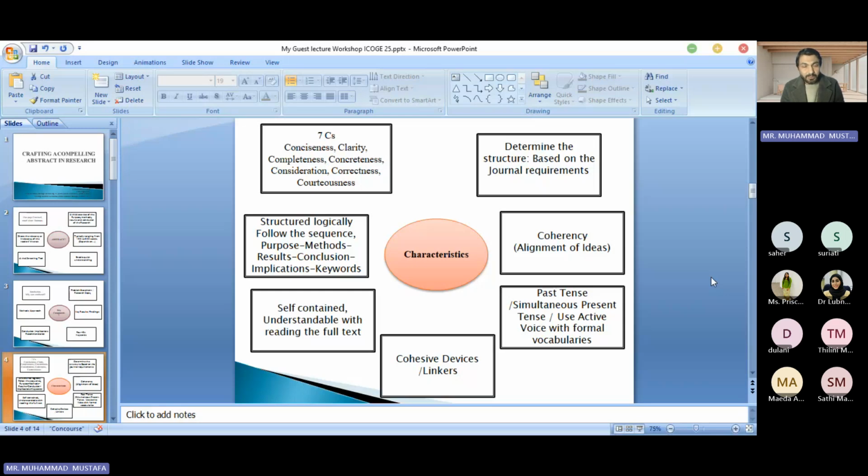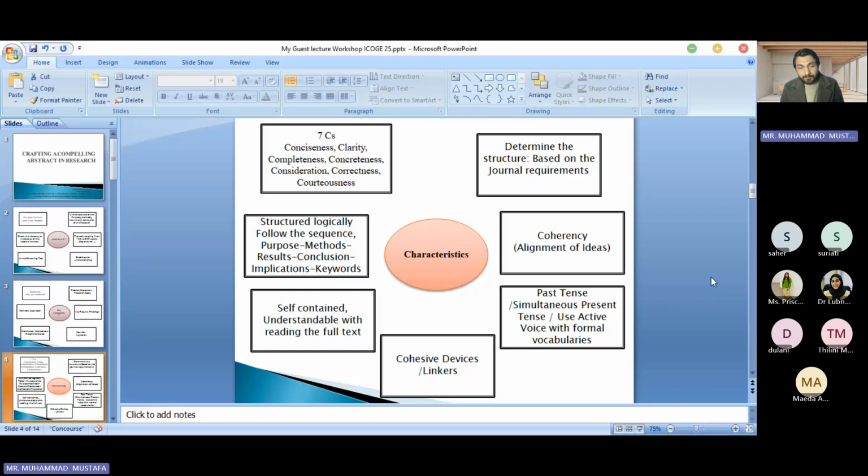After mentioning the purpose, we have to mention our methods, which type of methods have been used, whether qualitative, quantitative, or mixed.